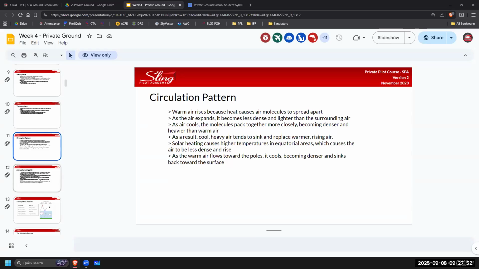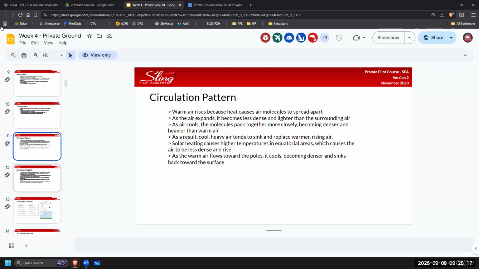You don't have to understand the cells right now, just how air flows from the equator towards the poles, cools down, sinks back to the surface, and then goes back to the equator. So it's moving like this around. Okay, we're going to keep going.